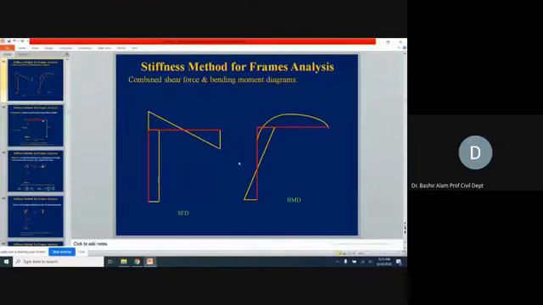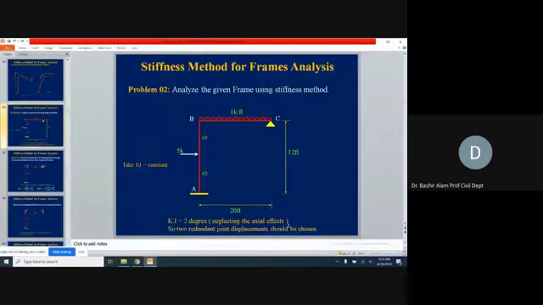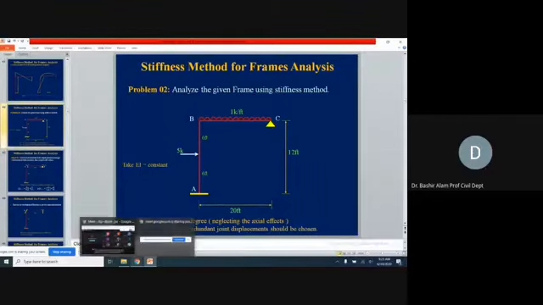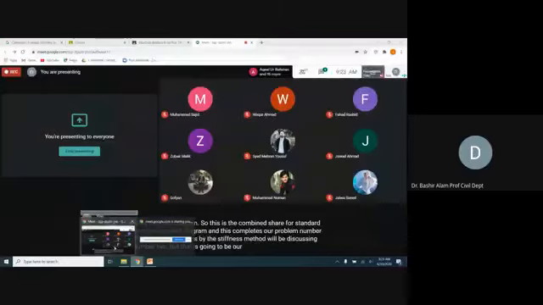So this is the combined shear force diagram and combined bending moment diagram, and this completes our problem number 1 for the non-sway frames by the stiffness method. We'll be discussing problem number 2, but that is going to be our discussion after the break.